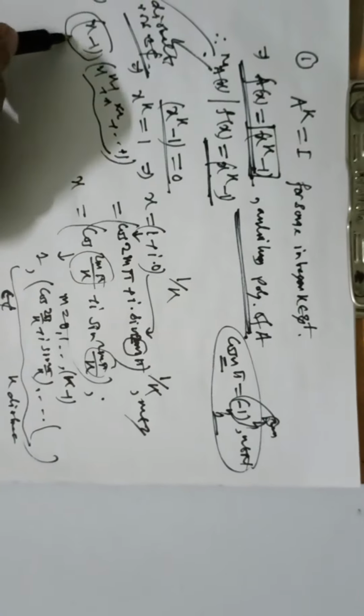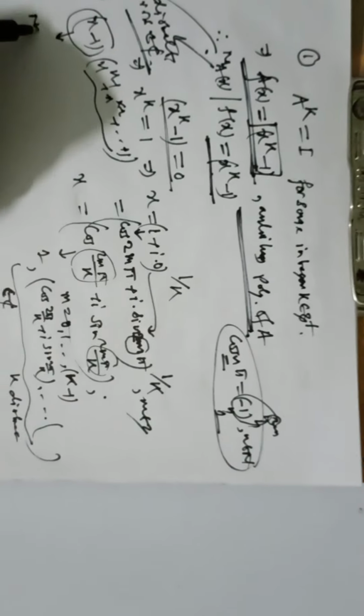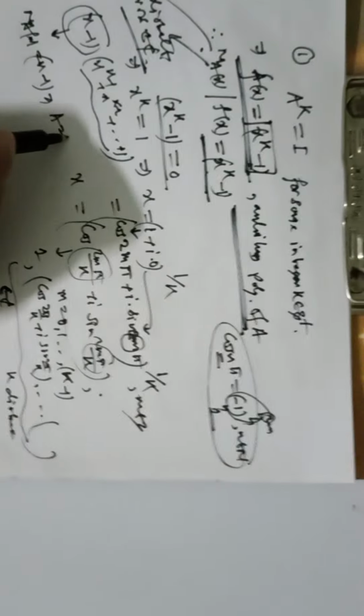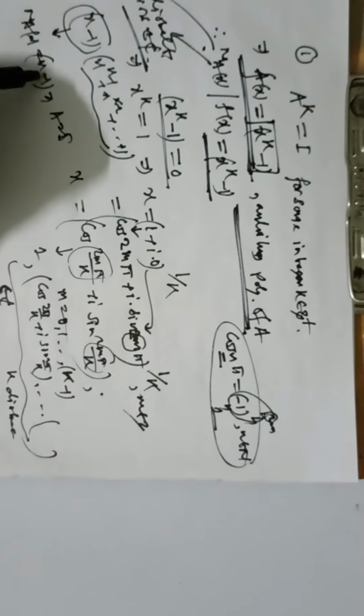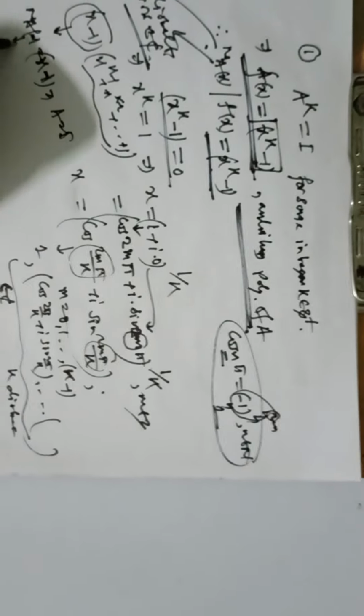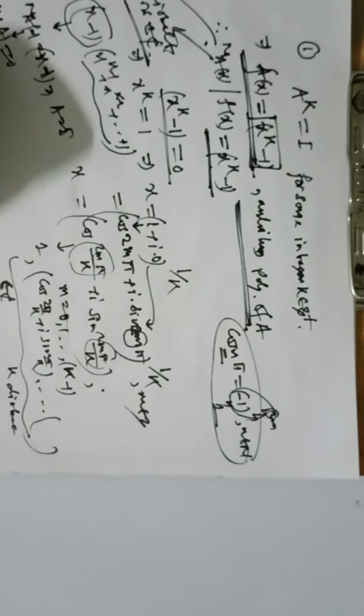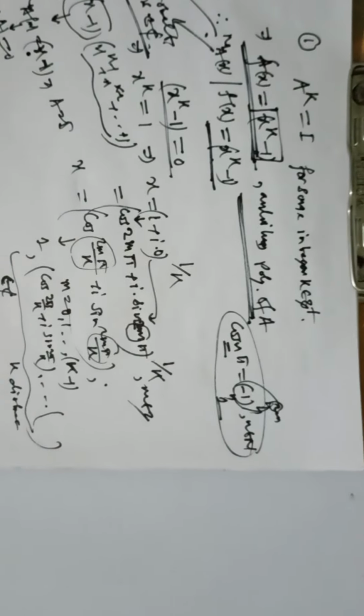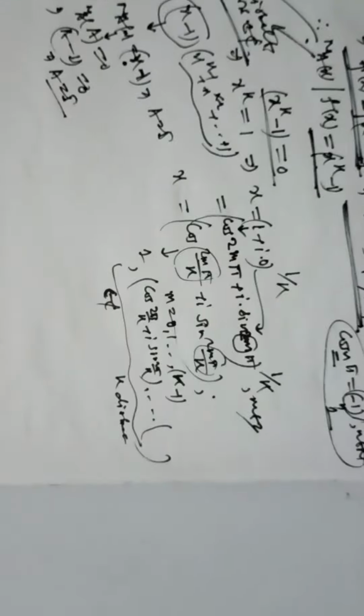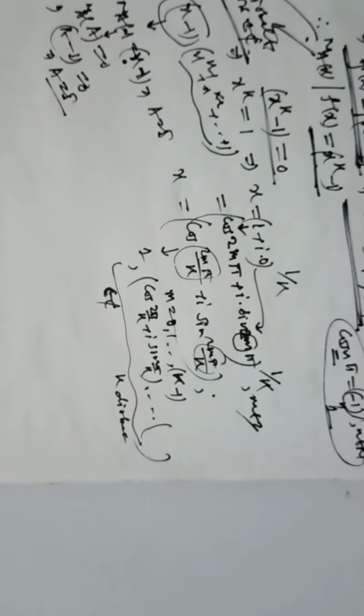If the polynomial is x minus 1, then the matrix becomes identity, because the minimal polynomial is satisfied by the matrix. If you put x equal to A, you get A minus I equals 0, so A equals I. So if the polynomial is x minus 1, then the matrix will be identity and is diagonal.